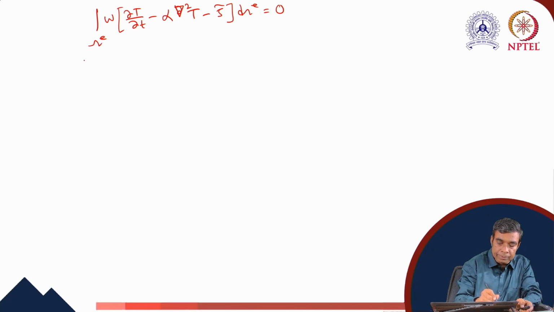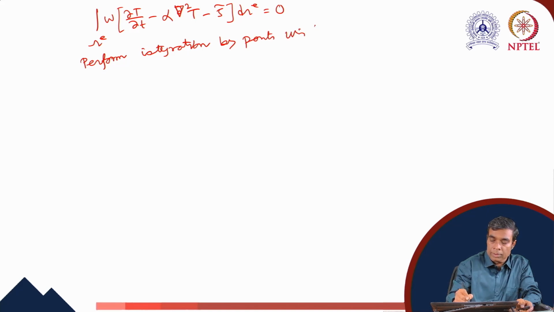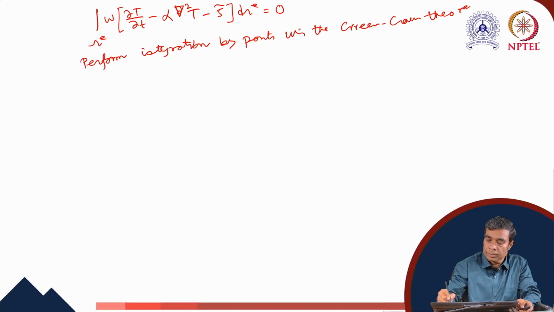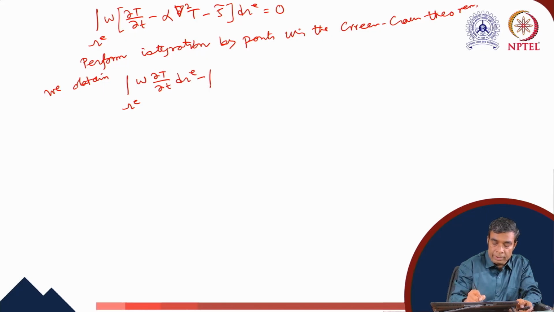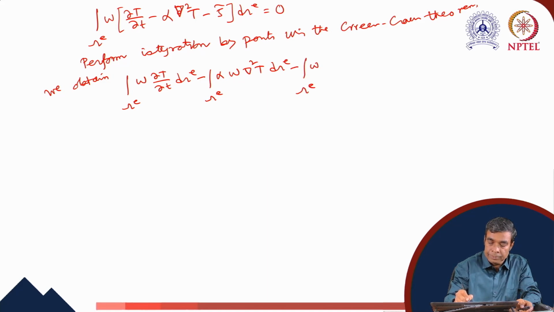Here perform integration by parts using the Green-Gauss theorem, we obtain integration omega e w del T del t d omega e minus integration over omega e alpha w del square T d omega e minus integration over omega e w S tilde d omega e equals 0.